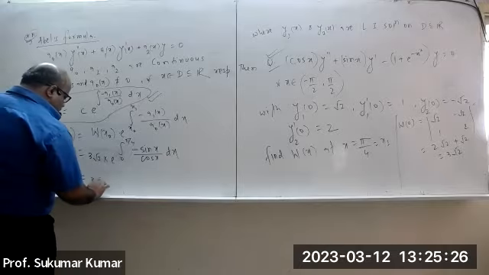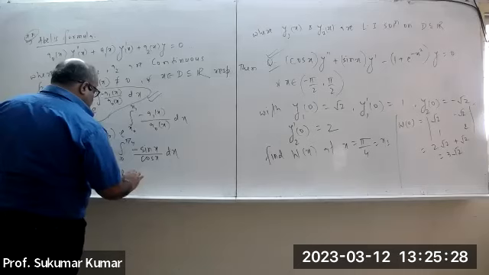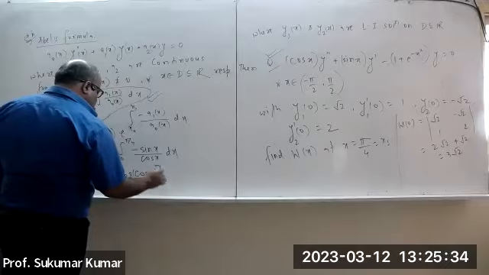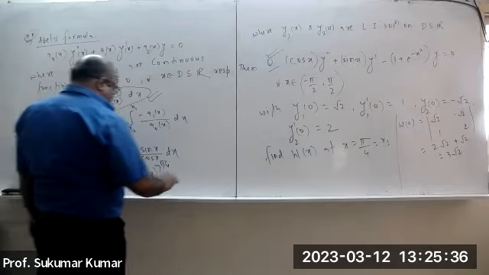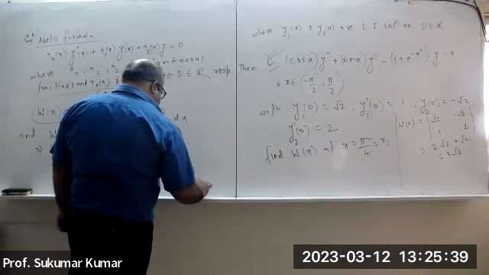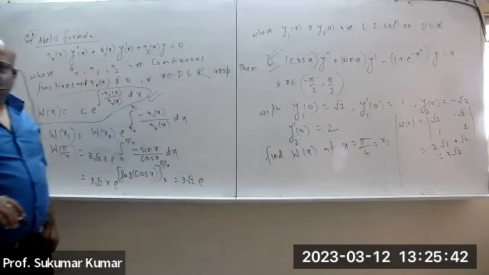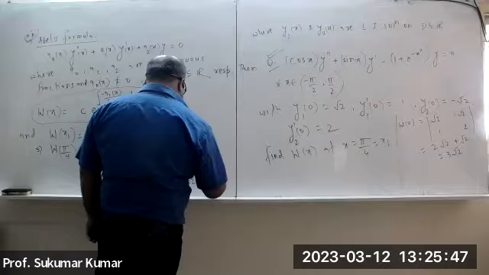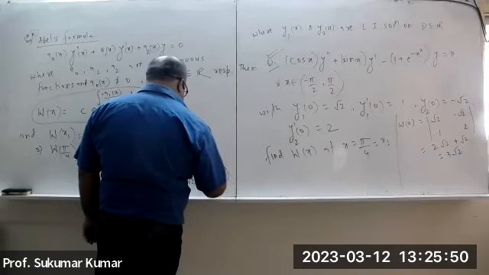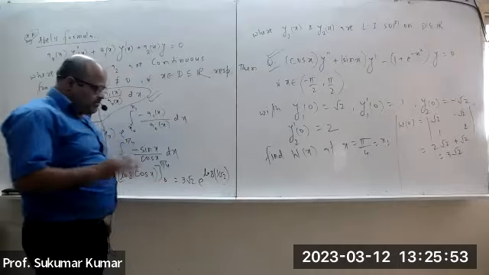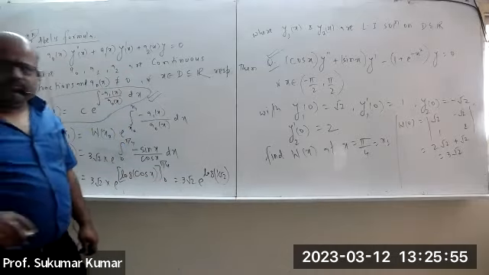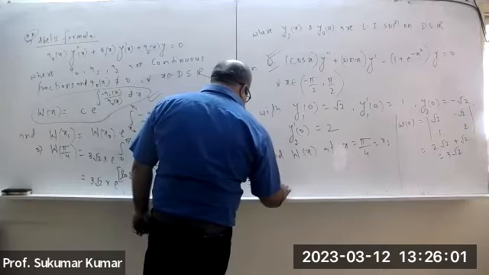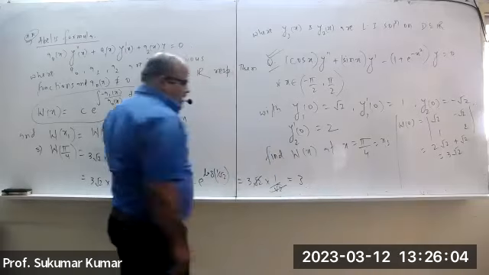So 3 root 2 times e to the power of log cos x from 0 to pi by 4. Log cos pi by 4: cos pi by 4 is 1 by root 2, so log of 1 by root 2. Cos 0 is 1, and log 1 is 0. So it's finished. Only 3: 3 root 2, and e and log are inverses of each other, so 3 is the correct answer.